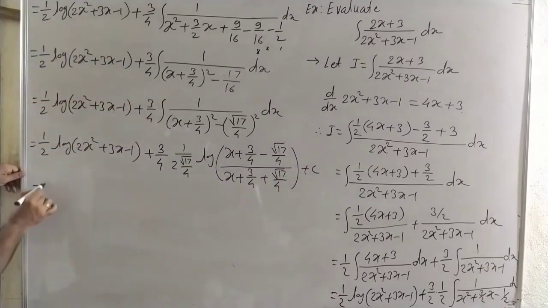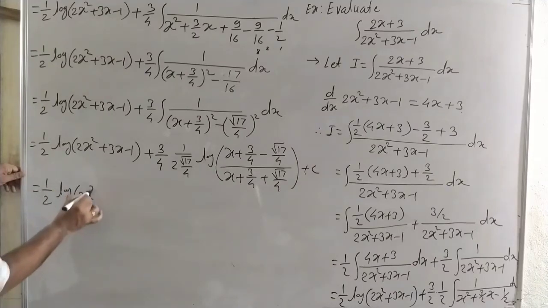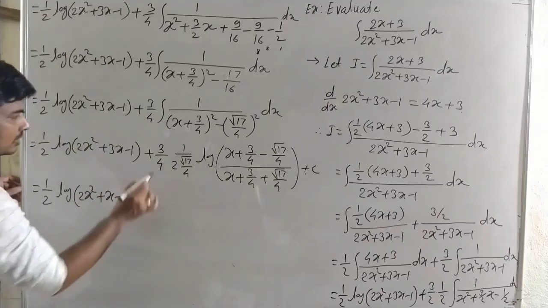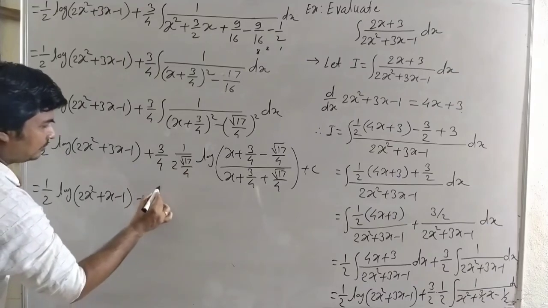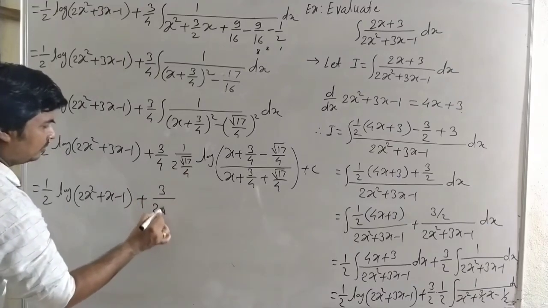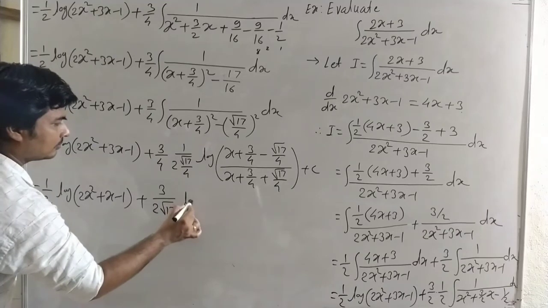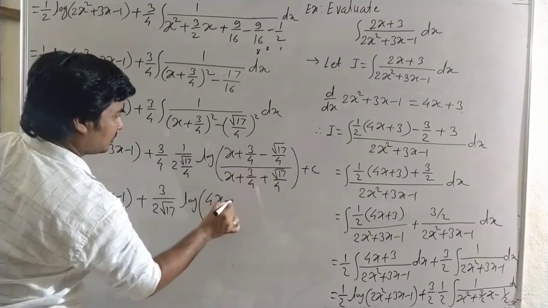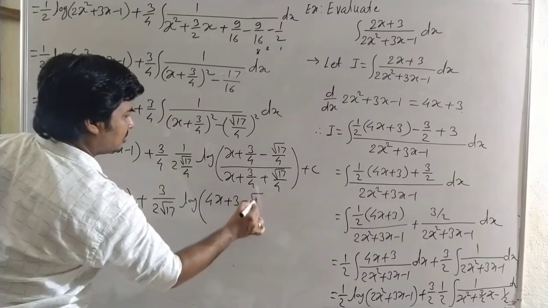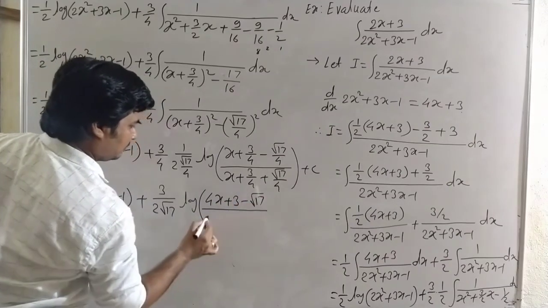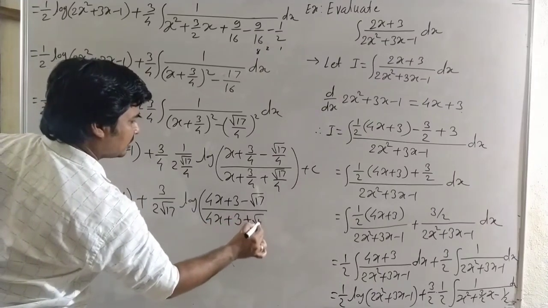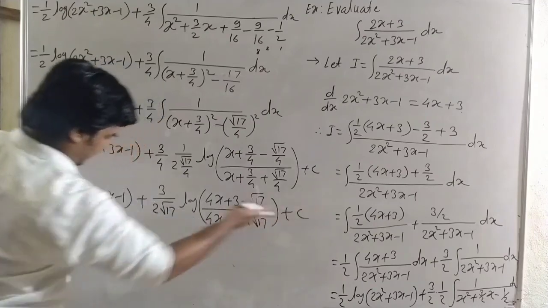And now the last step: 1 by 2 log of 2x square plus 3x minus 1 plus, the 4 gets cancelled, 3 upon 2 under root 17 log of, here multiplying by 4, it is (4x plus 3 minus under root 17) upon (4x plus 3 plus under root 17) and plus c. It is the last answer.